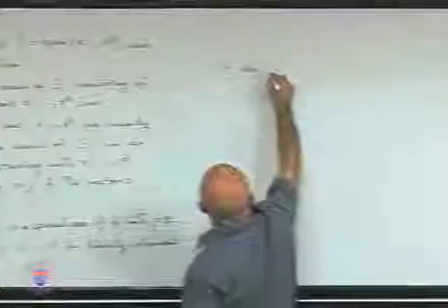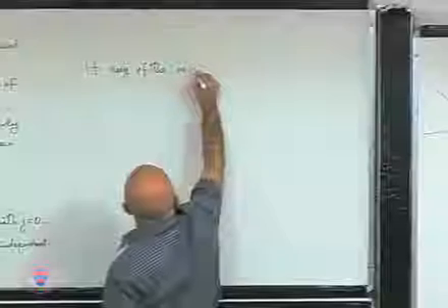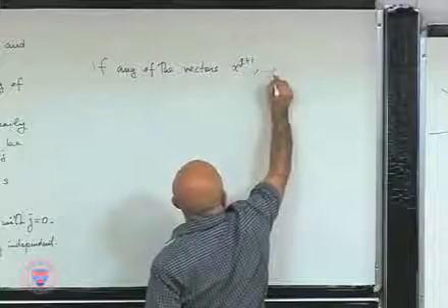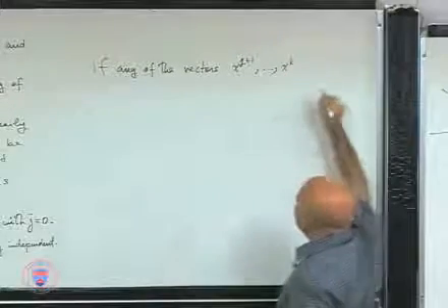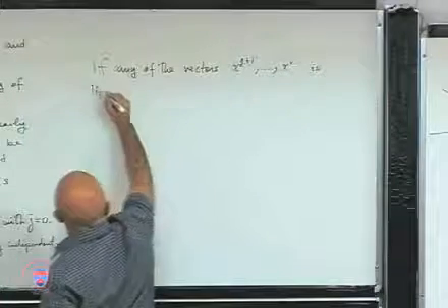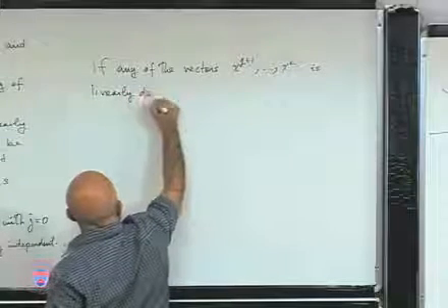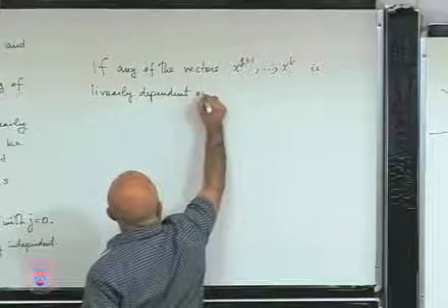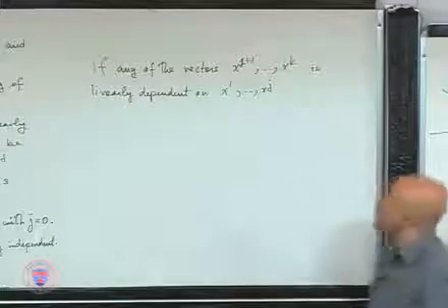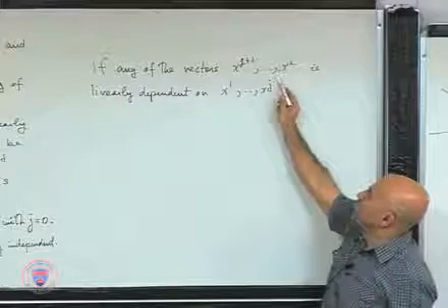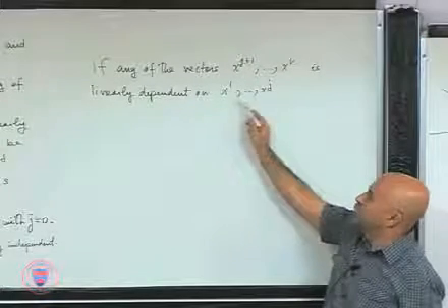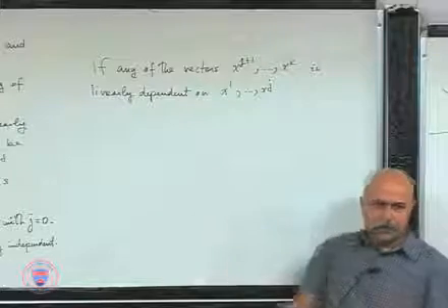If any of the vectors in the remaining set, xj plus 1 to xk, is linearly dependent on the first j vectors, meaning that if you take any of the vectors xj plus 1 through xk and add it to the initial set x1 through xj, you have linear dependence.